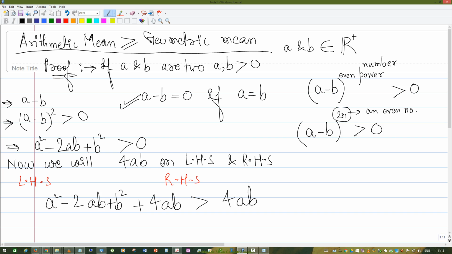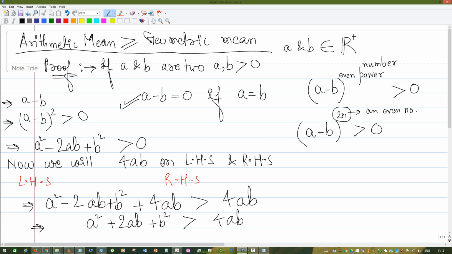And adding anything to 0 results in the same number, so this is 4AB. And now this is A square plus 2AB plus B square, which is greater than or equal to 4AB.